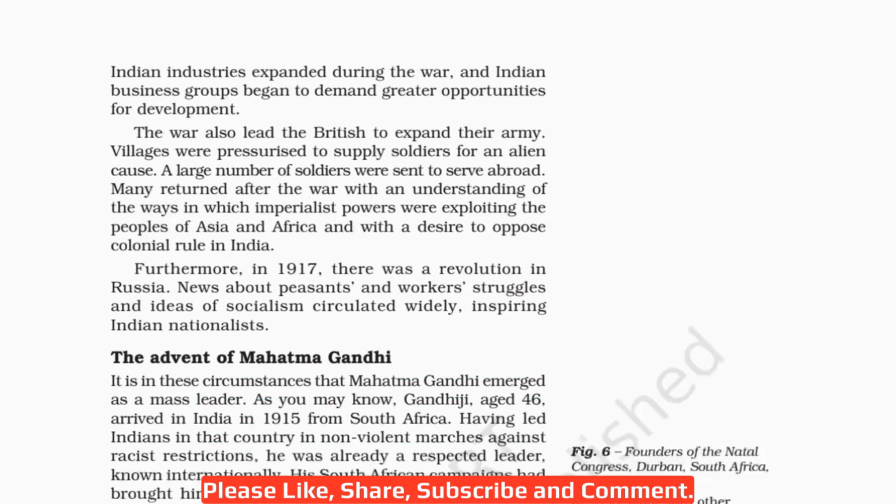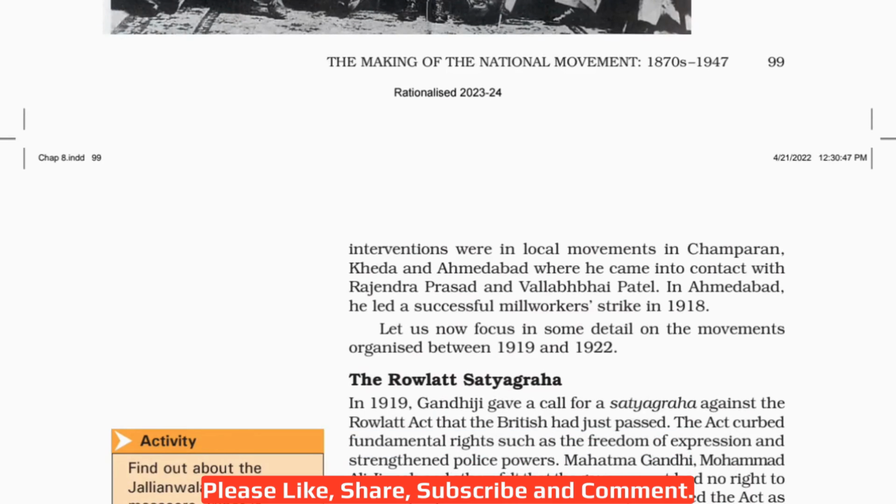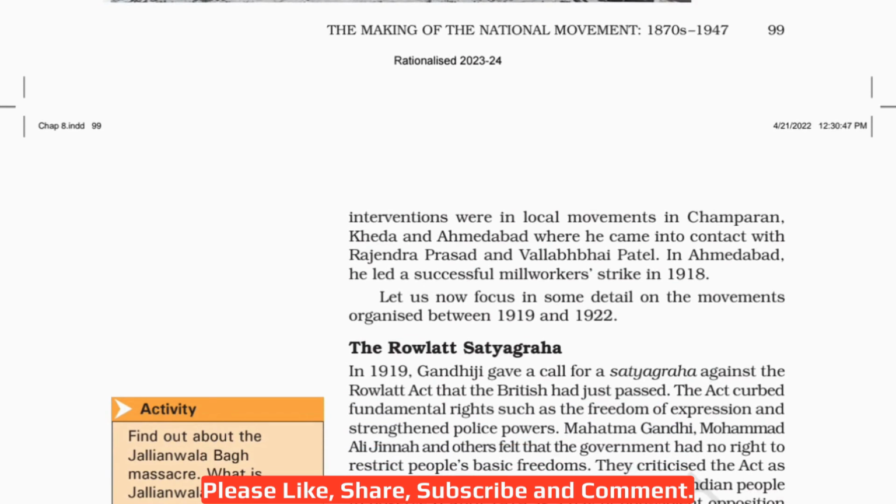Mahatma Gandhi spent his first year in India traveling throughout the country, understanding the overall view and conditions of people. He traveled across the country, understanding the people, their needs, and the overall situation. His earliest interventions were in local movements in Champaran, Kheda, and Ahmedabad, where he came into contact with Rajendra Prasad and Vallabhbhai Patel in Ahmedabad.